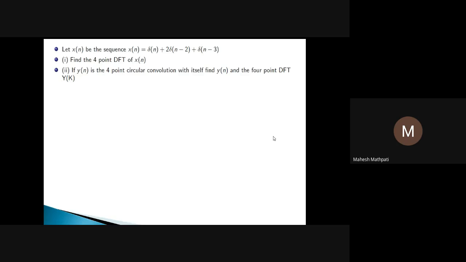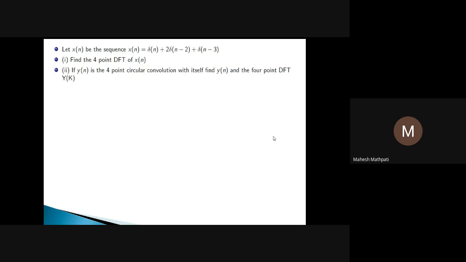So what is the value here? 1. Delta of 0 is 1 and all other values are 0. If I substitute n equals 1, we get delta of 1 plus 2 delta of minus 1 plus delta of minus 2. What is the value? 0.